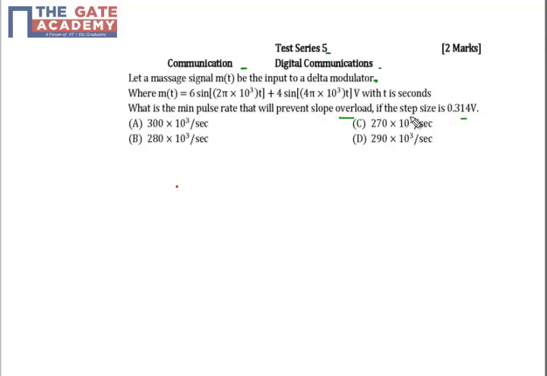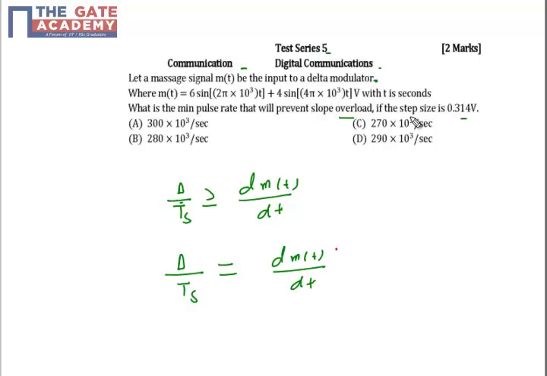We know that the condition to avoid slope overload is Δ/Ts should be greater than or equal to |dm(t)/dt|. So the derivative of my message signal must be less than or equal to Δ/Ts. For the inequality to hold, it must hold for the maximum value of the derivative, such that for any other smaller value, Δ/Ts will always be greater.